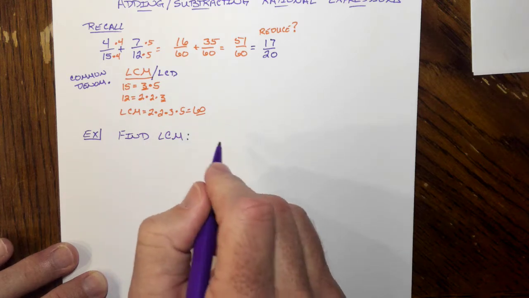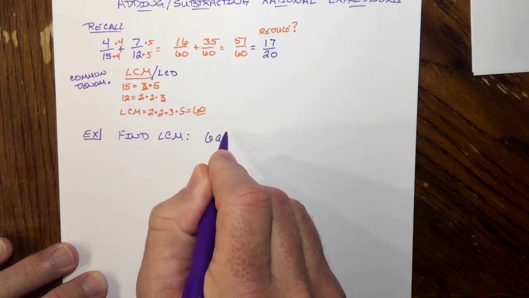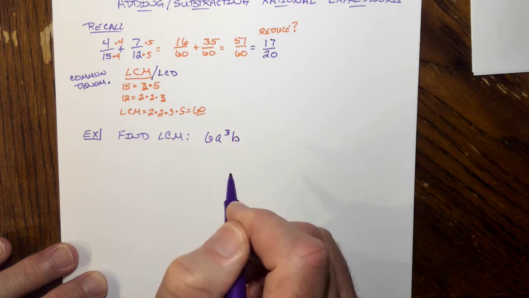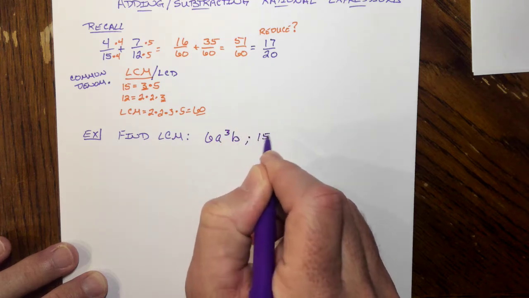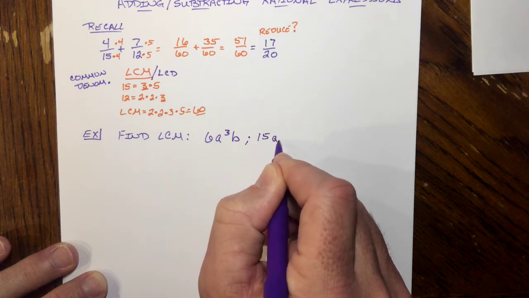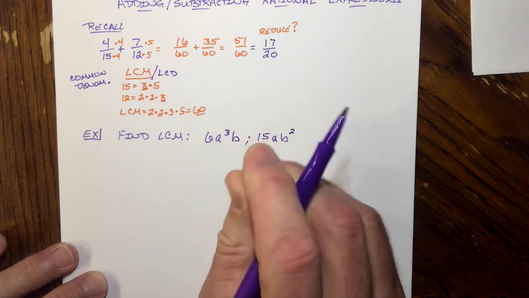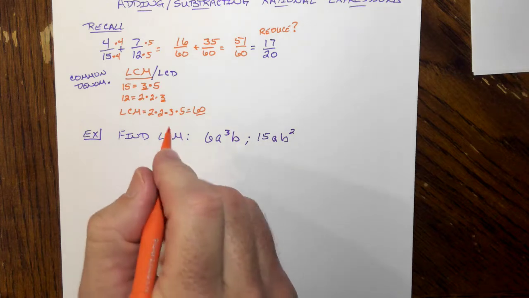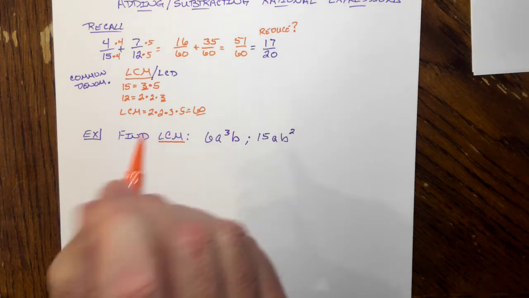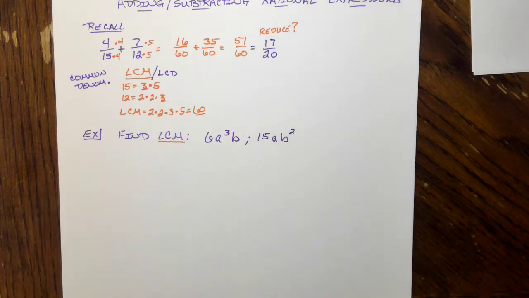I'll give you 6a to the third b, and 15ab squared. Now somebody's going to say, why can't I just multiply the things together? You can. Finding the least common multiple or least common denominator lets us set these things up so we don't have to reduce in the end. Try not to reduce in the end.